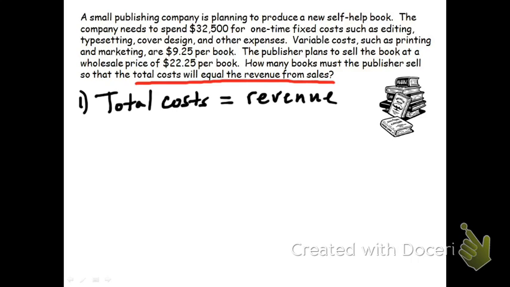Revenue is the money you make from selling the books. So when will your expenses equal the money you make? All right, so our second step then: the unknown is our number of books. So I'm just going to let B equal the number of books sold.